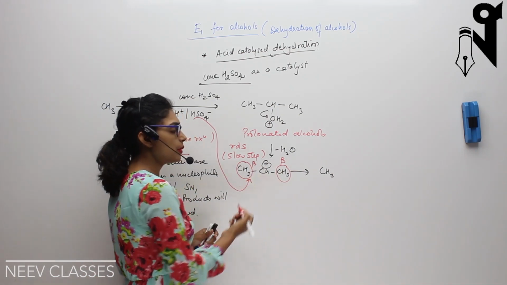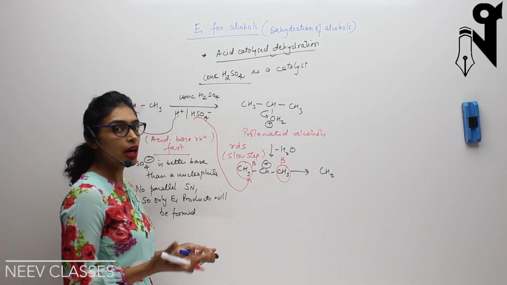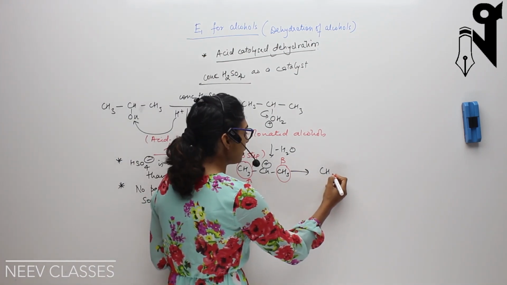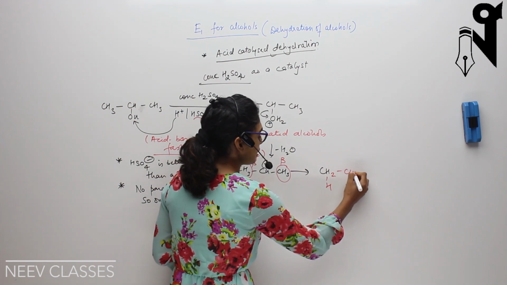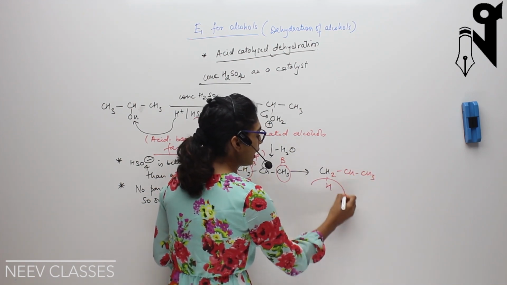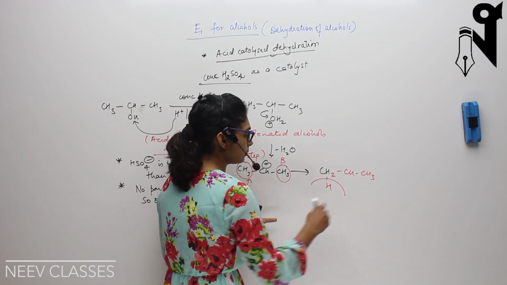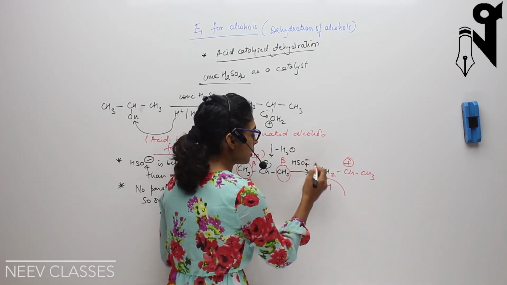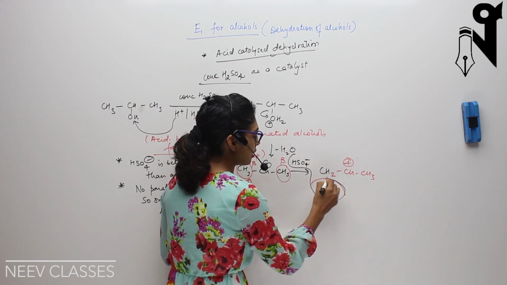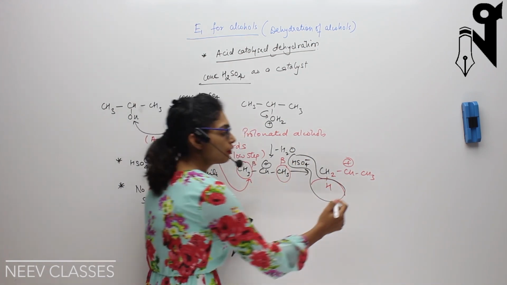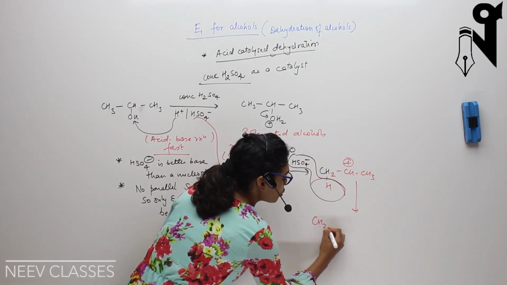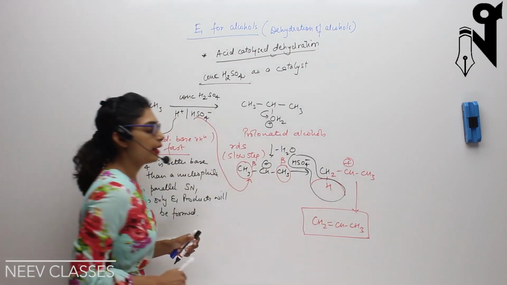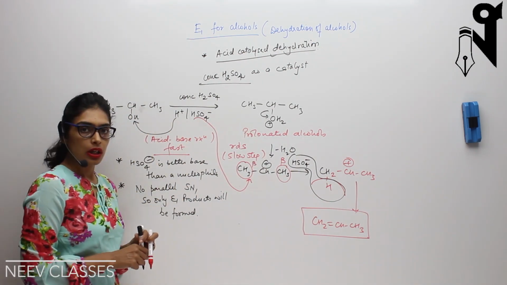Both of these beta carbons are the same, and hence the beta hydrogen will be the same, so we can remove it from either position. HSO4- will take this H, forming CH2=CH-CH3. So this is my elimination product for an alcohol.